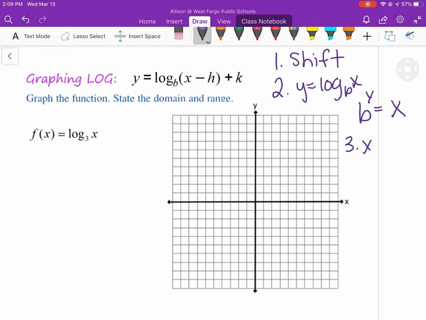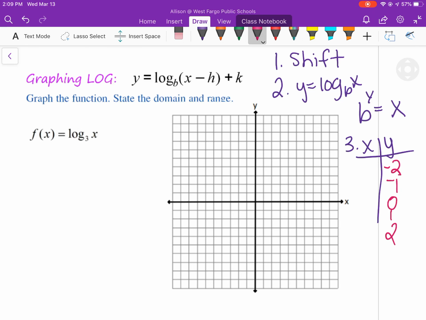Step 3, you're going to make a table, x, y. We're not going to do any with a's in this case, just to keep it simpler. But for your table, since you have b to the y power, you're going to pick the values -2, -1, 0, 1, 2 for y and then solve for x. So it's reversed.